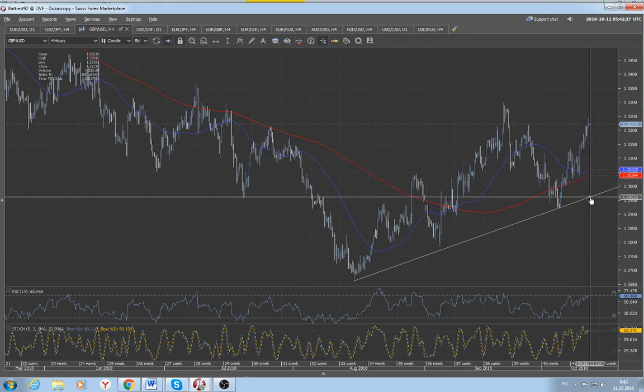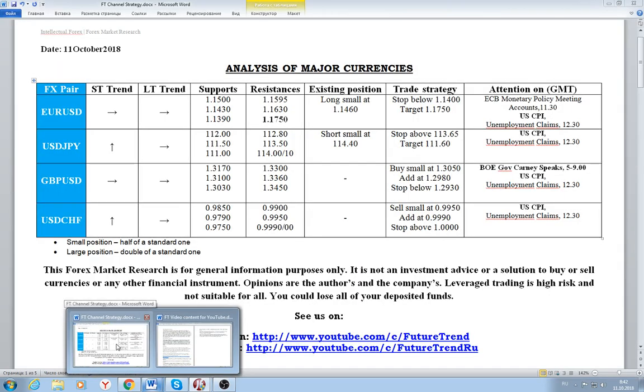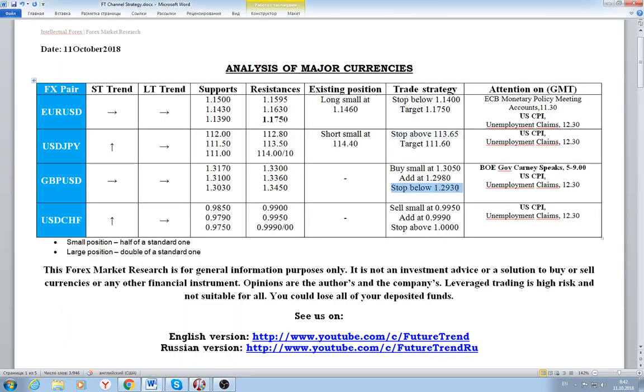In case of further deepening, we will add to the position on an undershooting of the level of 129.80, and we will put a stop loss below the uptrend line of 2018, located at 129.60. In our example, we prefer to put a stop around 129.30.